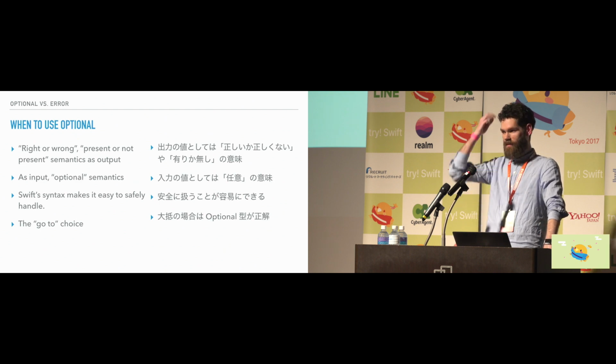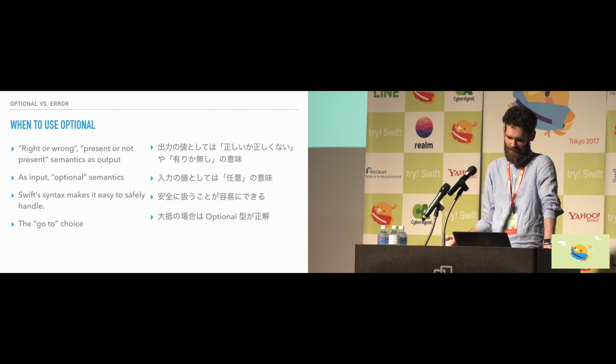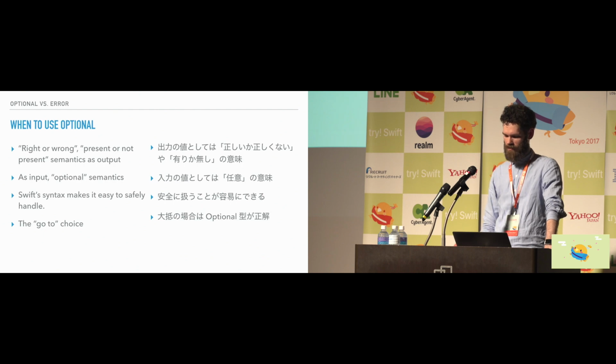When used as input, it tends to represent optional semantics, as the name implies. So the presence of the value isn't required to proceed. Swift syntax makes it fairly easy and straightforward to safely handle these optionals.